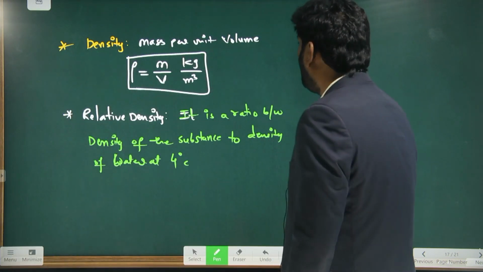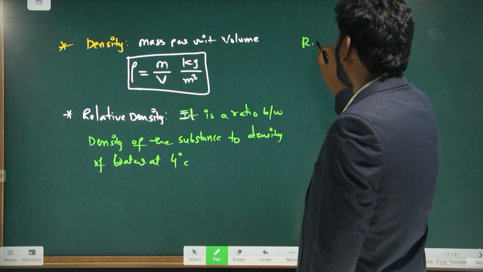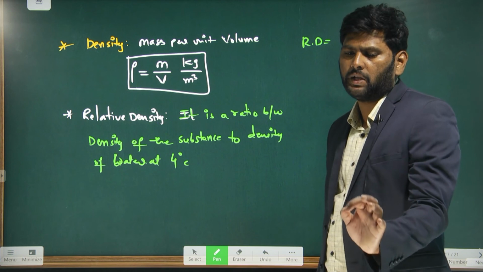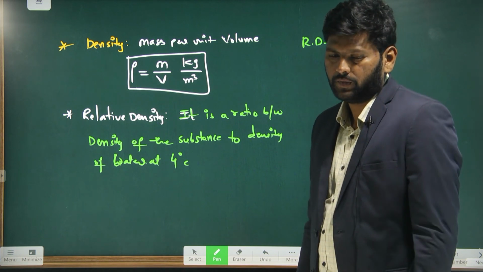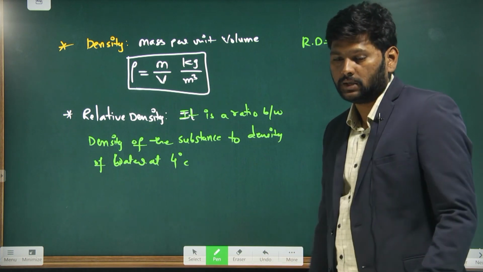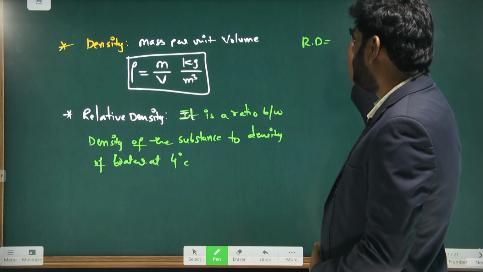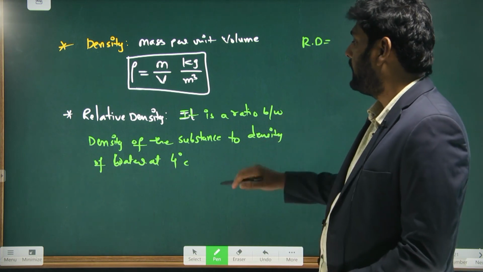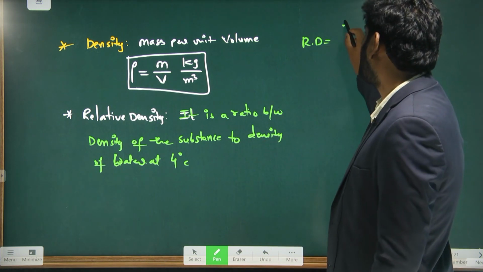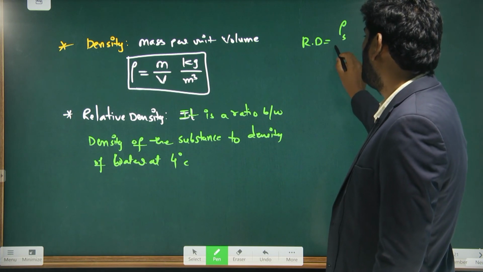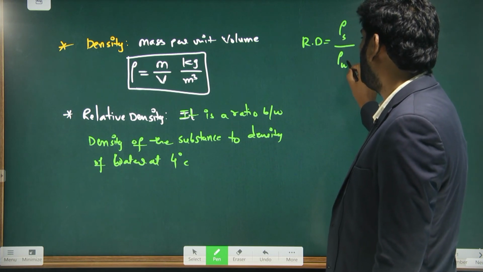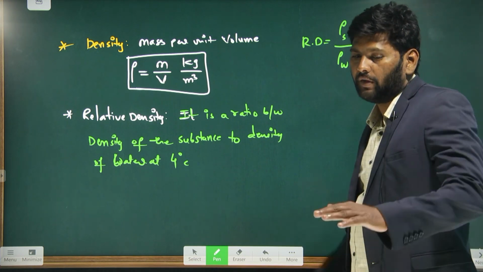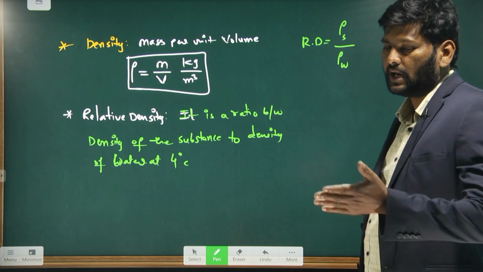If I write the formula, I will take relative density as RD. RD means not Rudramadevi, it is relative density. Relative density is equal to the ratio between density of the substance and density of water at 4 degrees centigrade. Density of the substance you can take as rho S, density of water as rho W. Density of the substance and density of water have the same units, so they cancel each other.